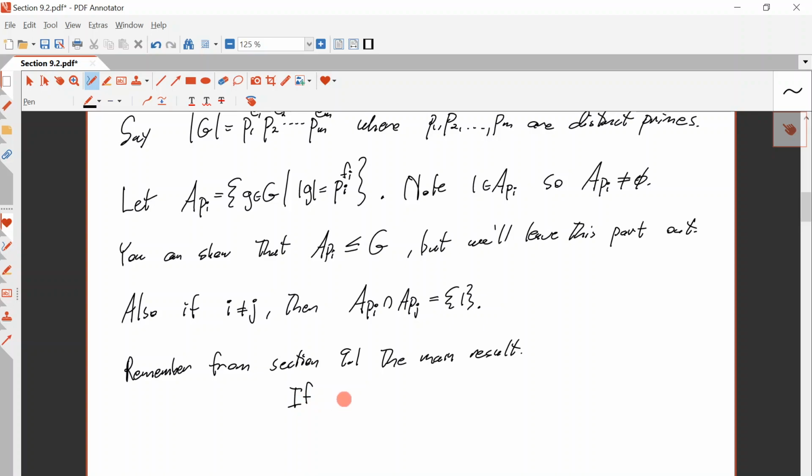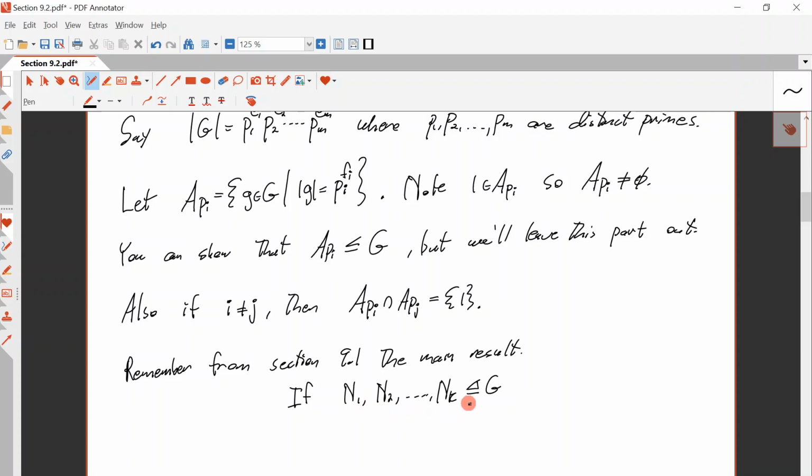So we'll say subgroups N1, N2, all the way up to Nk are normal subgroups of G. So we're talking about abelian groups, where every subgroup is normal.